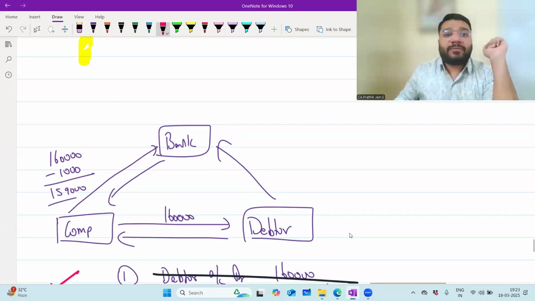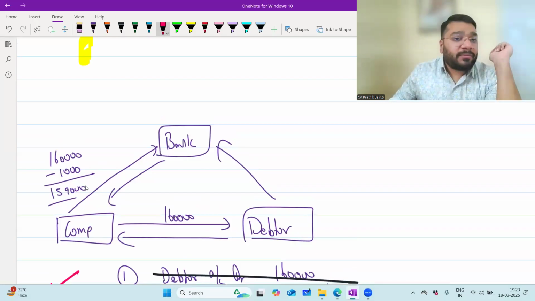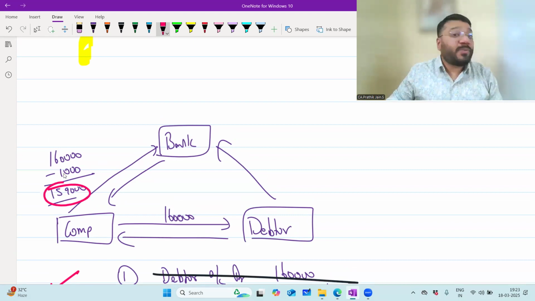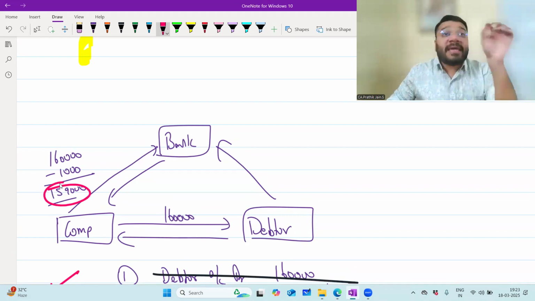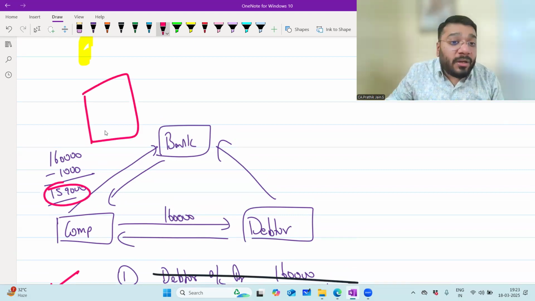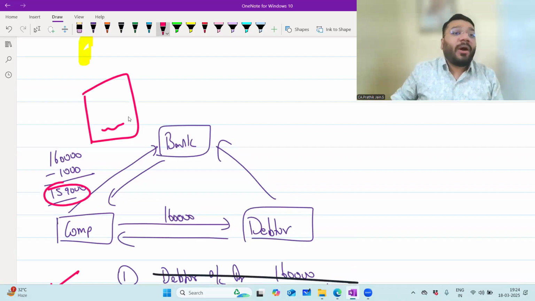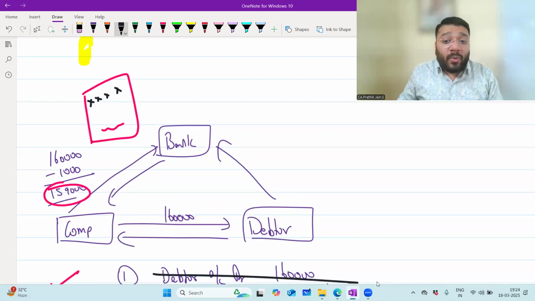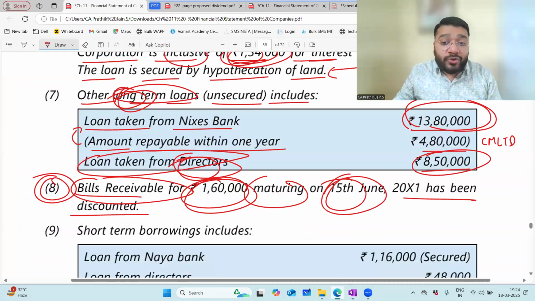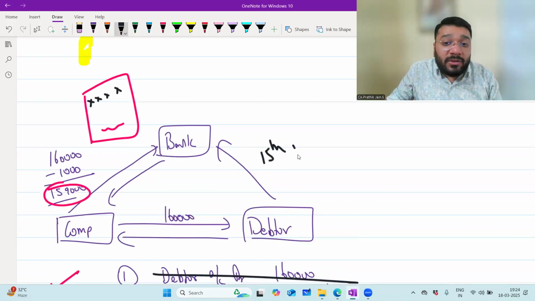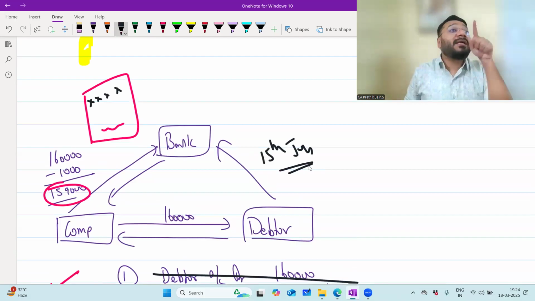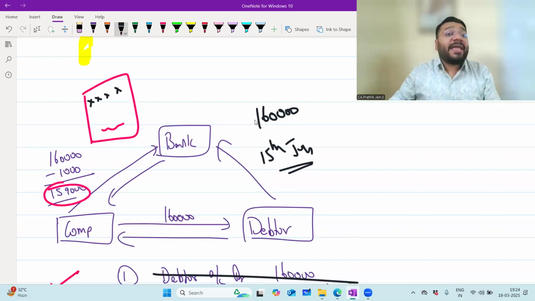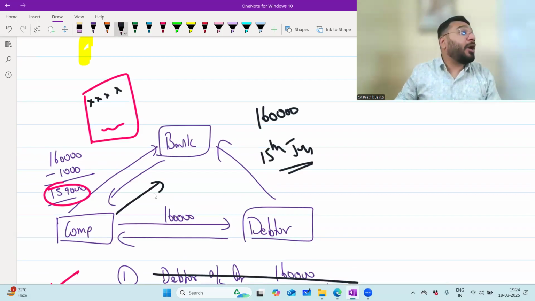I told you in CA foundation that when the banker takes the bills receivable and gives you 1,59,000 rupees, he makes you sign a contract. In that contract there is one point: on the due date, 15th of June, if the debtor does not pay 1,60,000 rupees, the bank will take this 1,60,000 directly from your bank account.